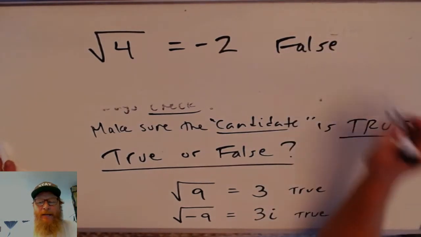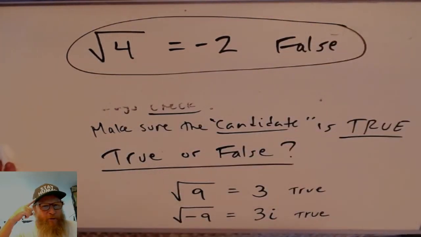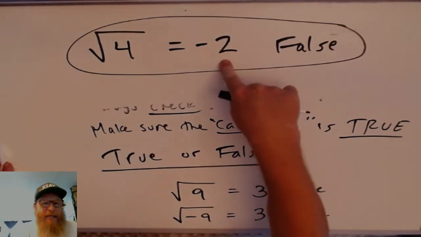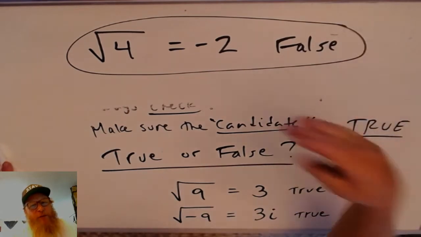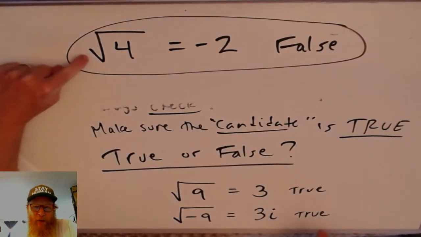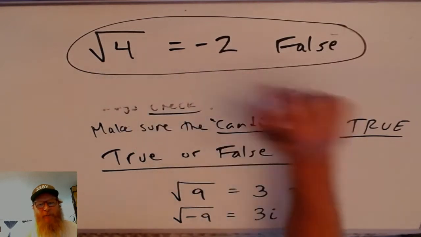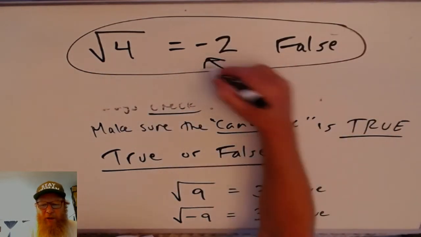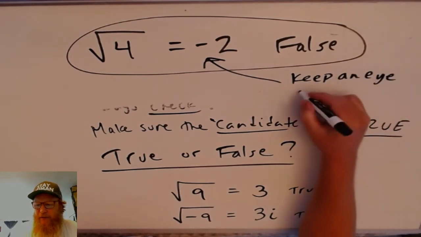Now this one can be kind of tricky because you might remember from basic math that negative times a negative is a positive, and you could plug in negative 2, multiply negative 2 times negative 2 and get 4, and you might think that it's true, but this is simply not true. The symbol square root we assume to mean the principal square root, or the positive square root, and so this is actually a false statement. So this is what we're looking for when we're checking our answer.